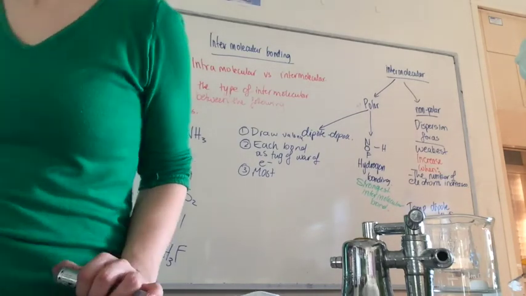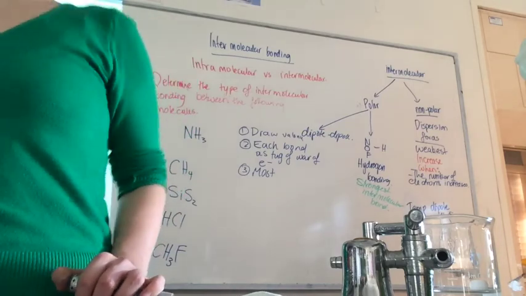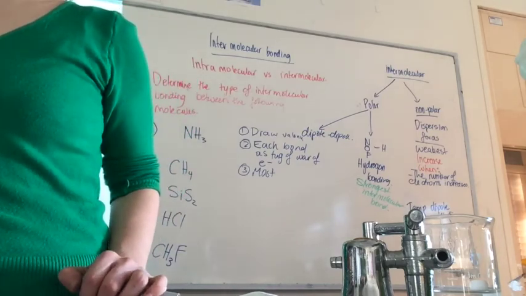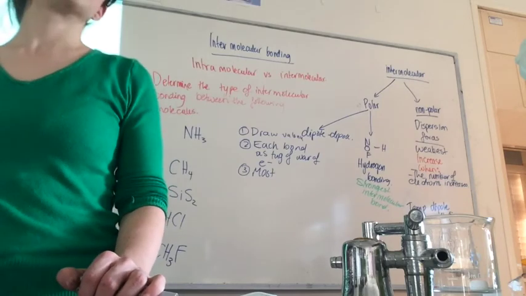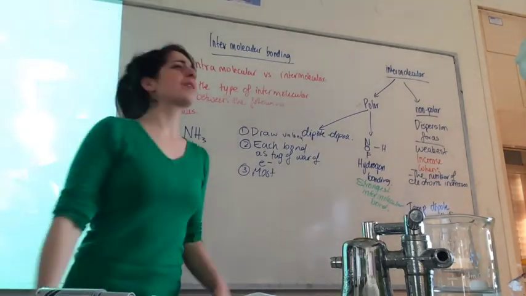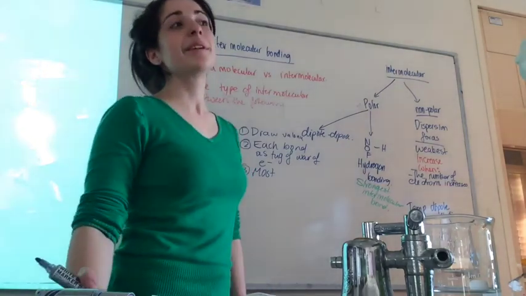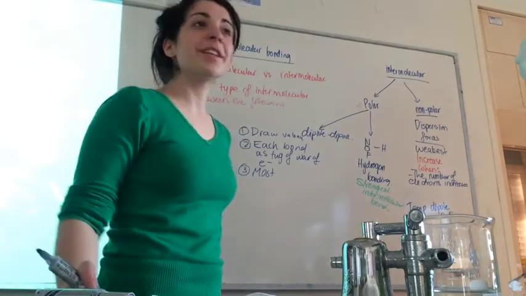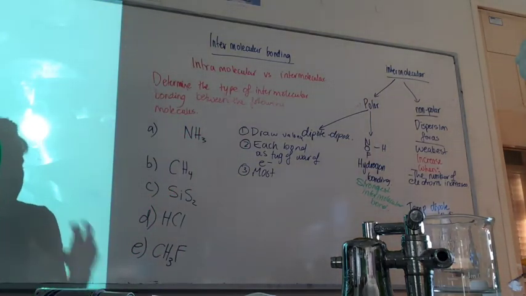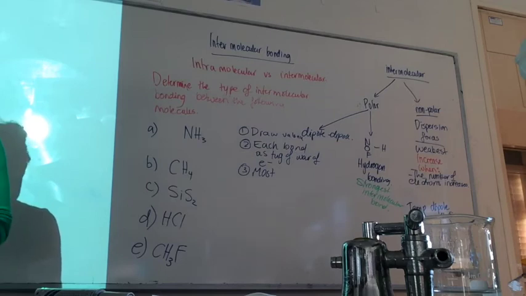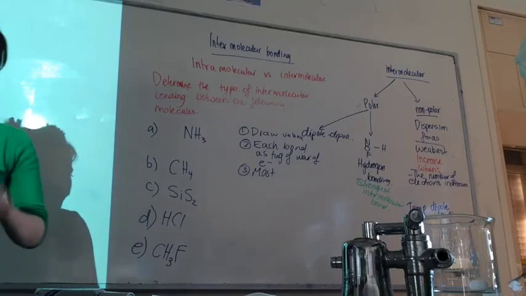Do you remember which one gets the delta negative charge? It's not the one with the most electrons. The one that's the most electronegative. Because think about it, if it's a tug of war, what's electronegativity again? How much they attract electrons.